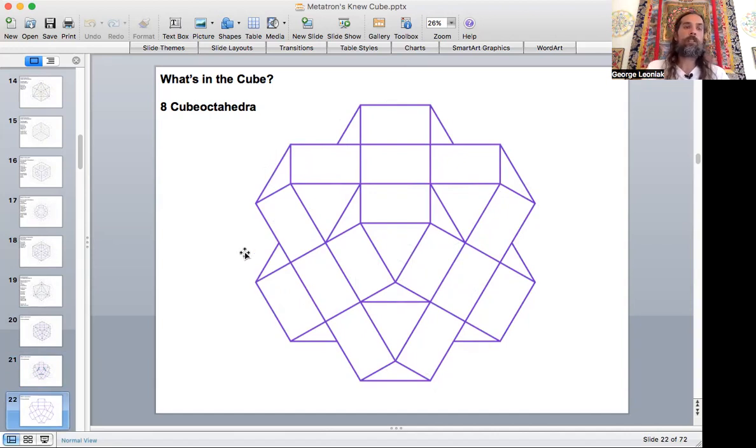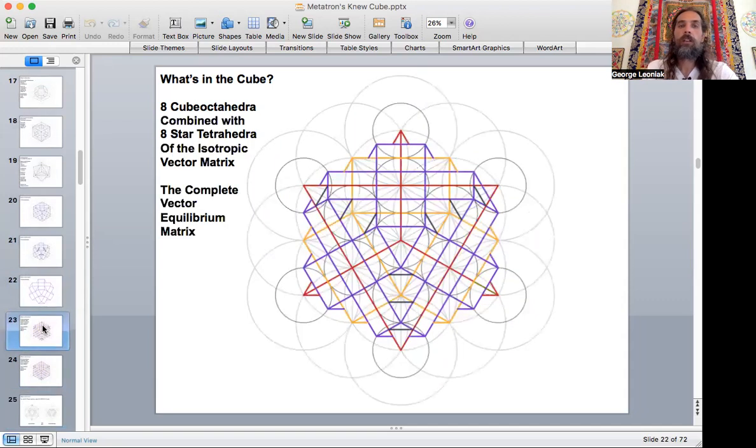So that's a different way to construct it, but we're now going to connect this to the earlier form that we did, which was the vector equilibrium, which is all based on the lines of the star tetrahedrons.